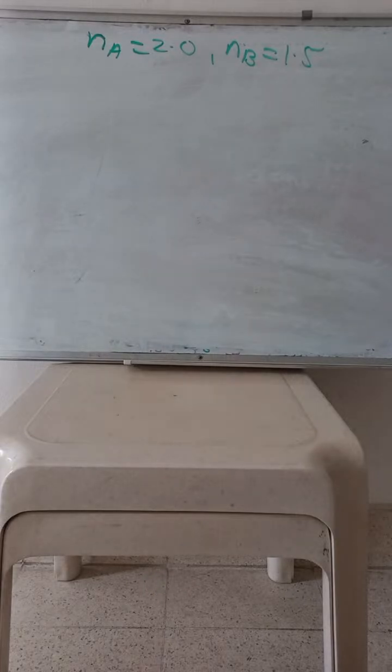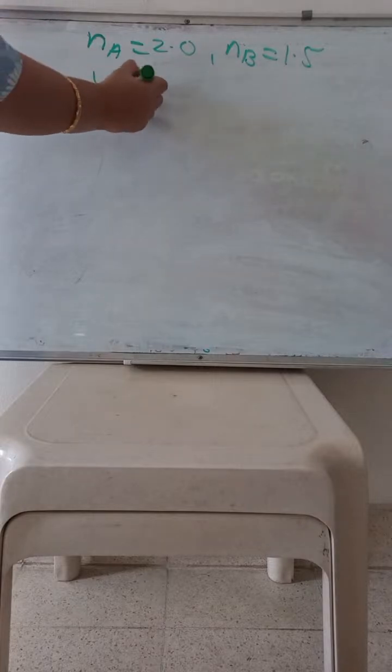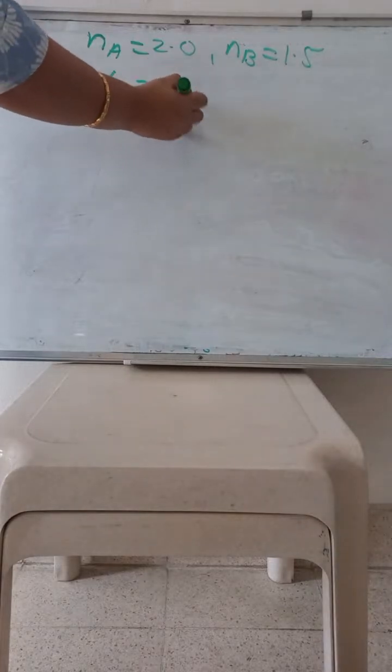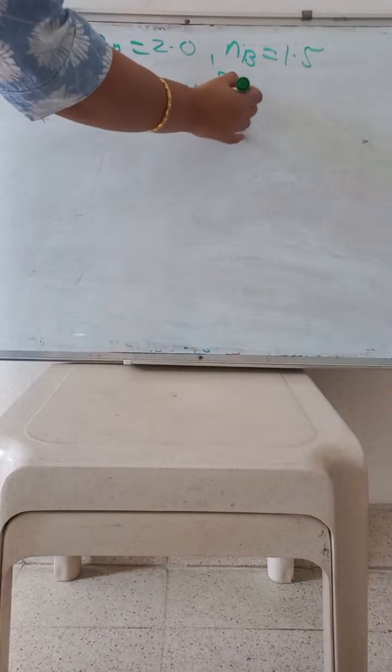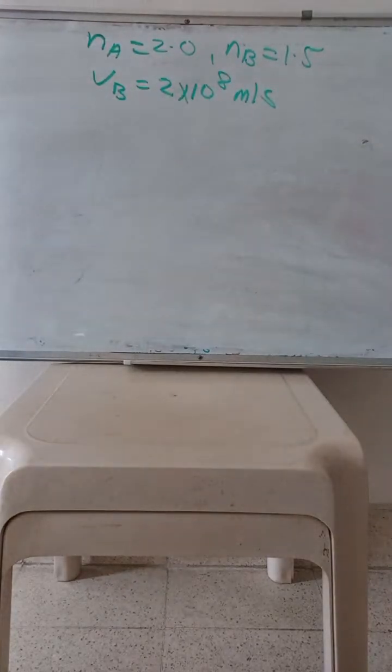And the speed of light in medium B is 2 into 10 raised to 8 meter per second. What is the question? They are asking us to find out the speed in the vacuum and speed in the medium A.